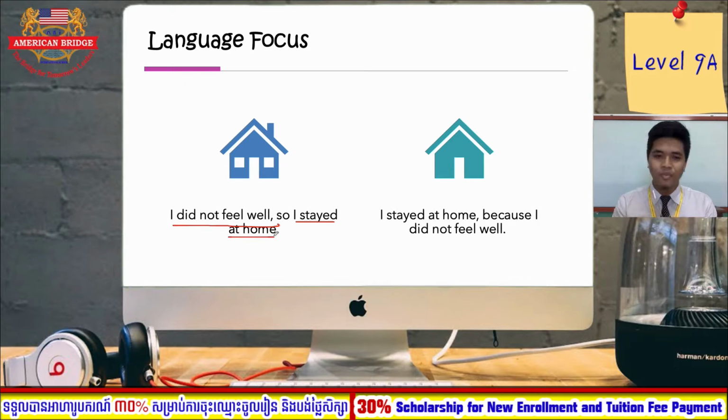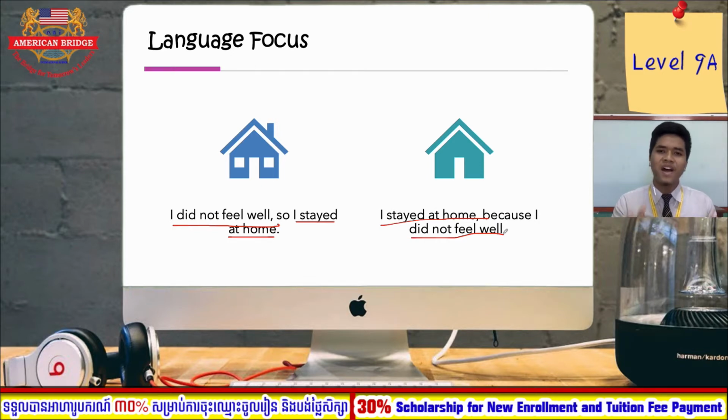Another example: I stayed at home because I did not feel well. Even though it changed the position, the sentences we use to show the cause and the effects are still the same. I did not feel well is still the cause, and I stay at home is the effects. So remember that the cause and effects do not have a fixed position.